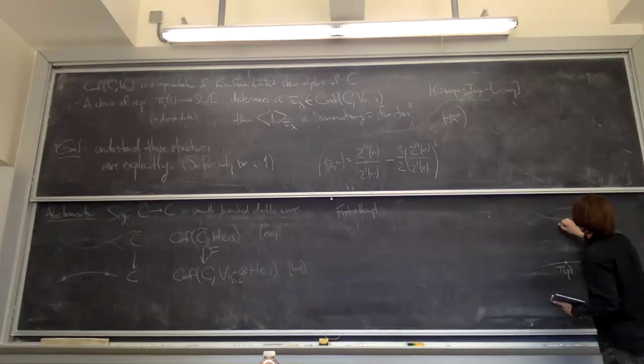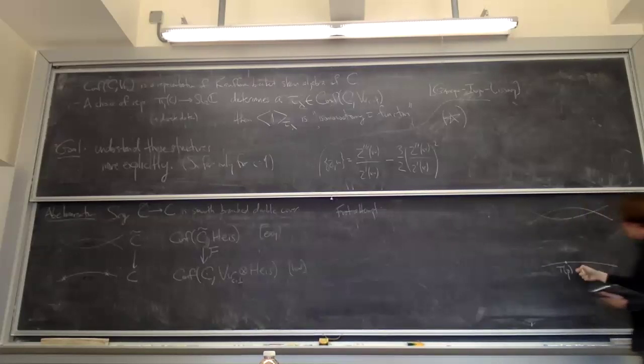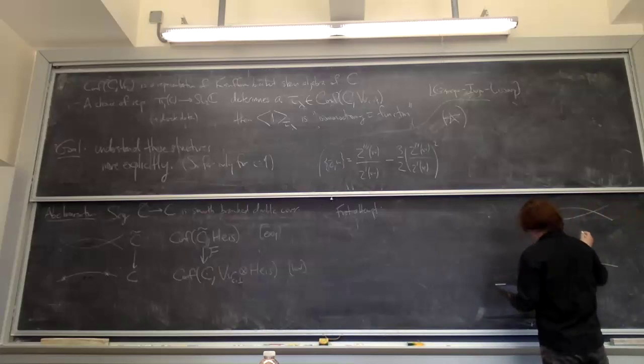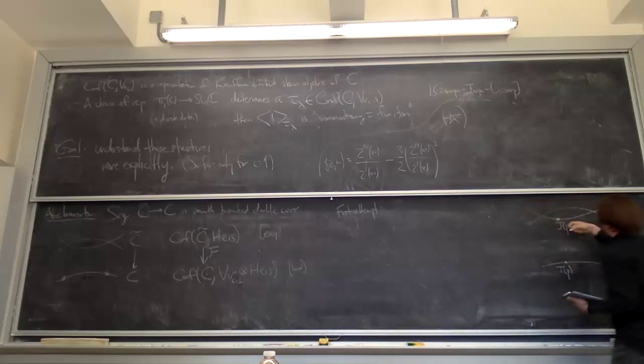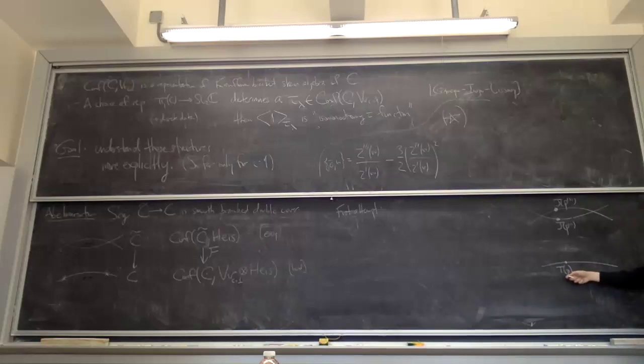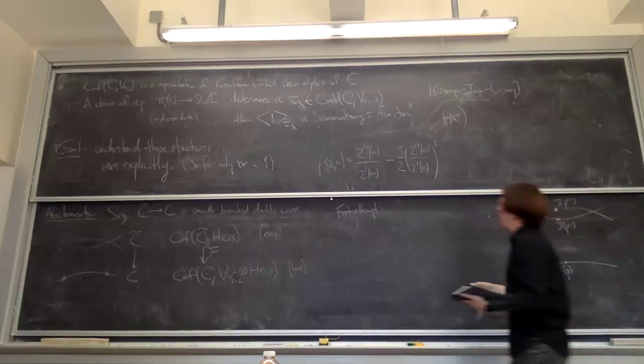Well, almost the only thing I could do is everywhere I see a T of P here, I'm going to replace it with J of P1. So let's let P1 and P2 be the two preimages. I'm going to replace insertions of T here with some combination of insertions of J up here.